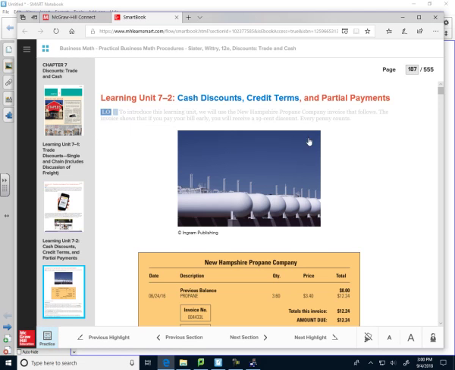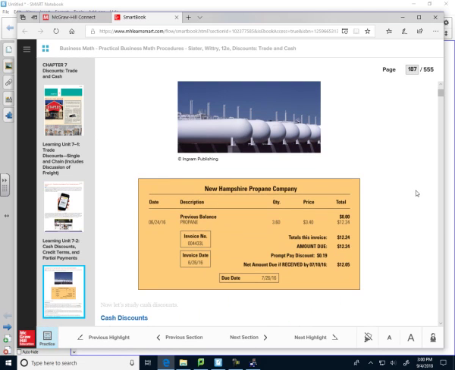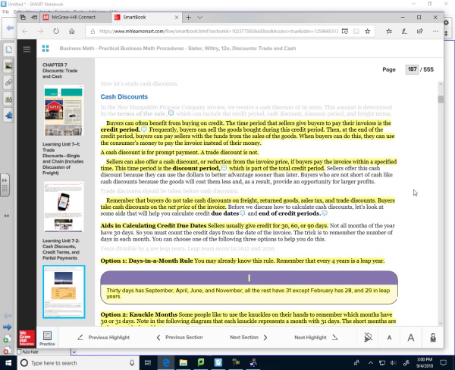So I'm in Learning Unit 7-2 here. And here's the deal. Whoever has possession of an amount of money for any length of time, that has some value to them.